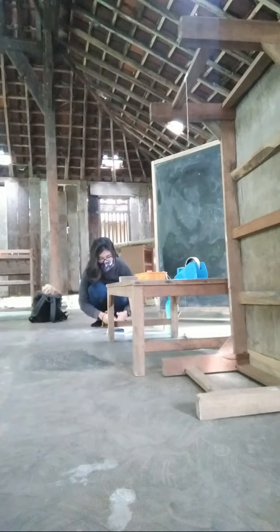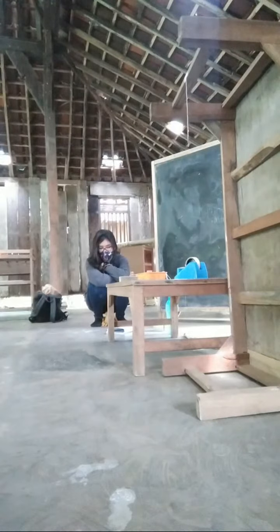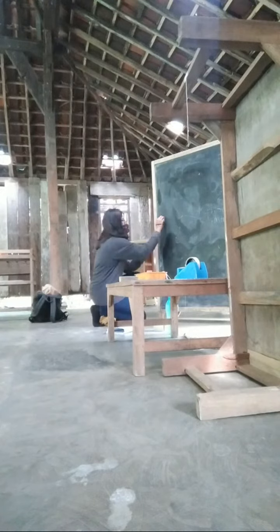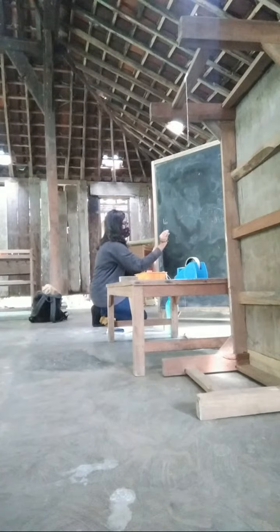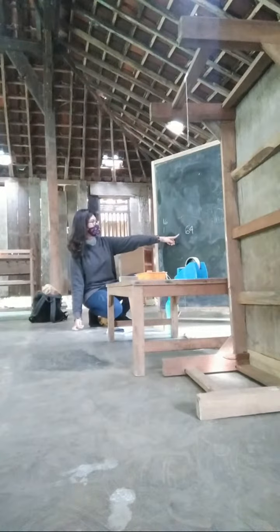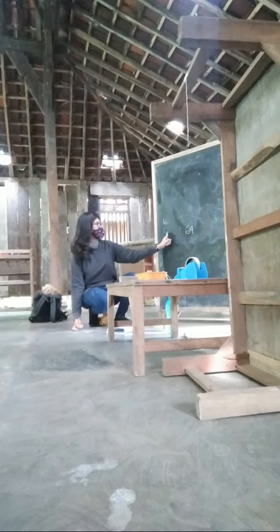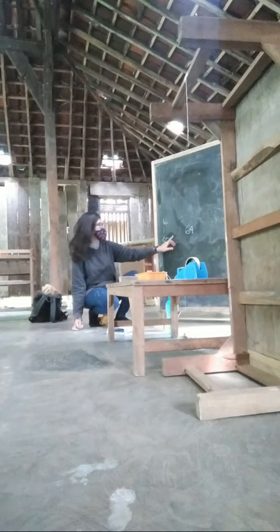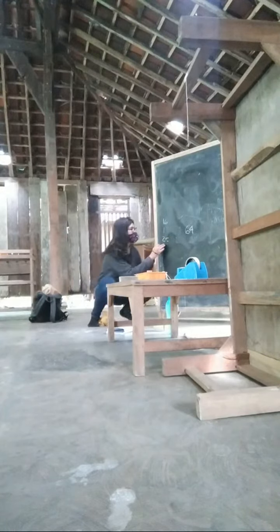Okay, next is 64 centimeter. From the table, you have 16, 1, 25, and now you have 64. Which number can you compare with? 25? Are you sure? 25 can be divided by 5, but 64 cannot be divided by 5.